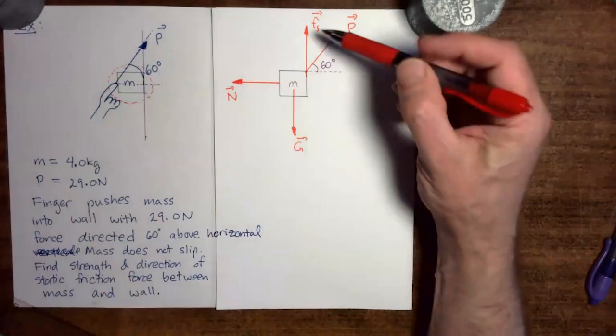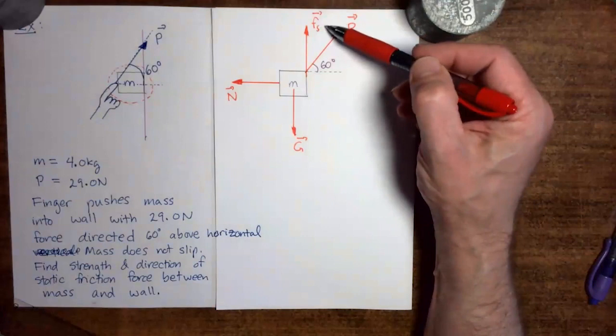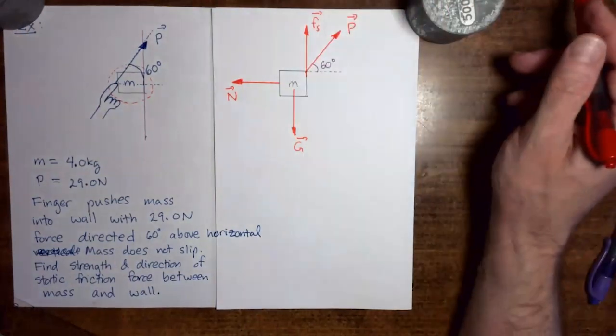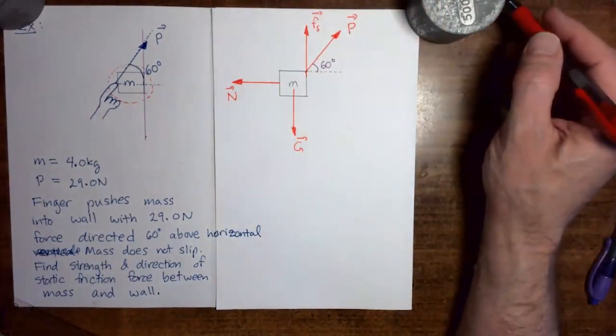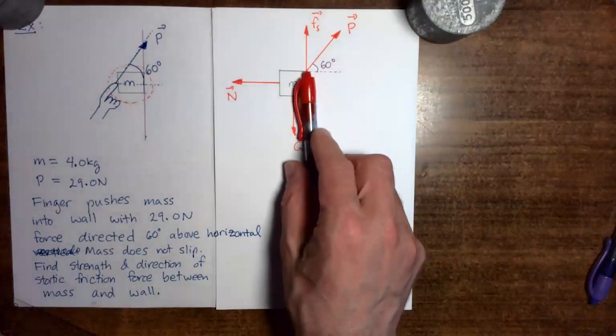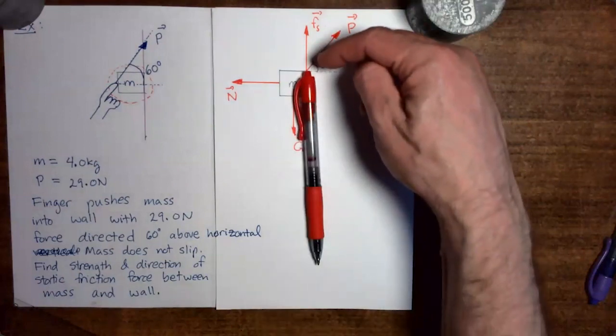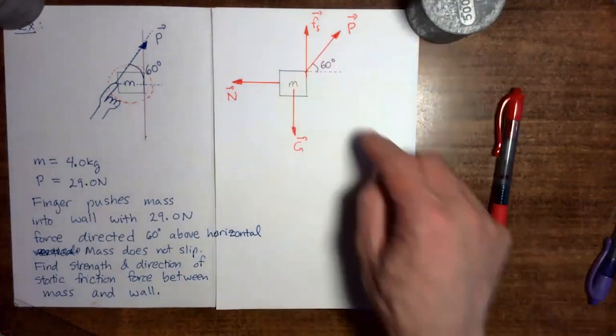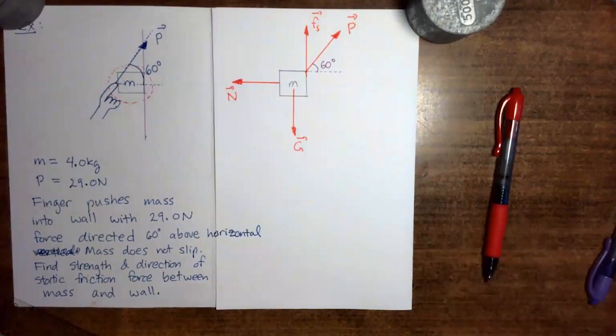Well, if I'm right, we're going to solve for the magnitude of the static friction force, and it's going to come out to be positive, and then we're done. On the other hand, if I'm wrong, and in fact the static friction force is pointing down the wall, then the magnitude of the static friction force is going to come out to be negative.